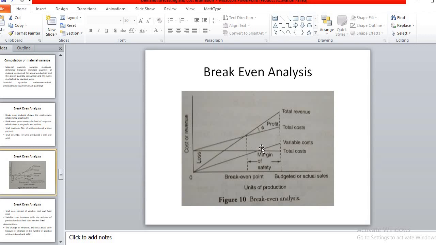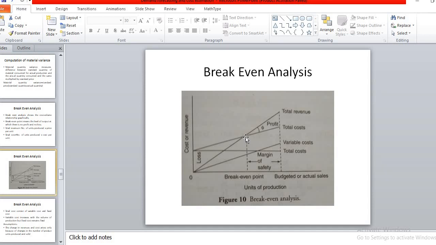Now this total cost line and this total revenue line intersect at this point, which is the break-even point.